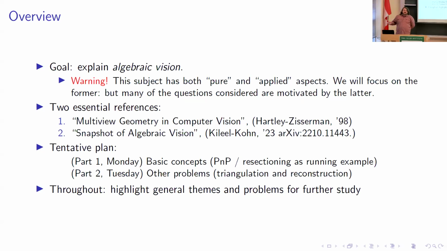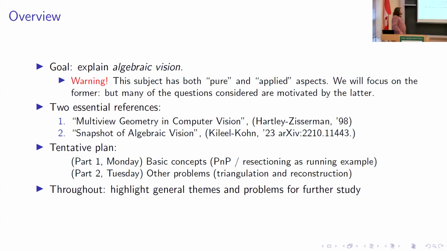Lots of projective geometry in Hartley and Zisserman, almost no algebraic geometry in Hartley and Zisserman. Fortunately, we live in a time after 2023, and there's a nice survey written by Joe Kileel and Kathlén Kohn, which is available on the arXiv, entitled Snapshot of Algebraic Vision. So please do check out this survey if you get the chance.